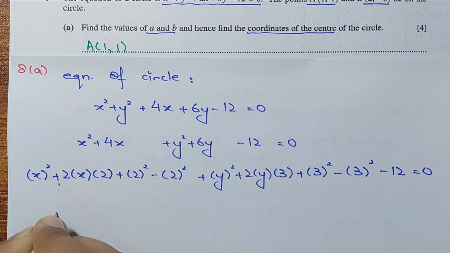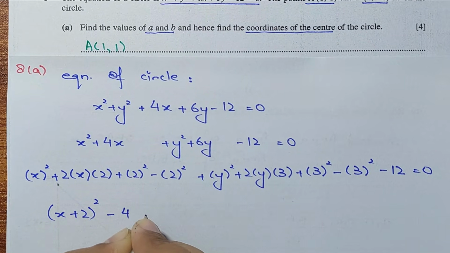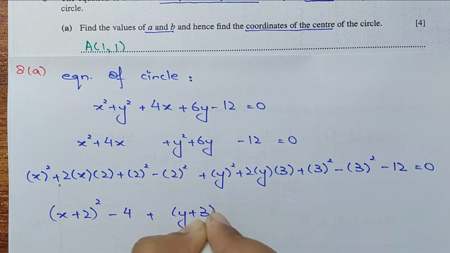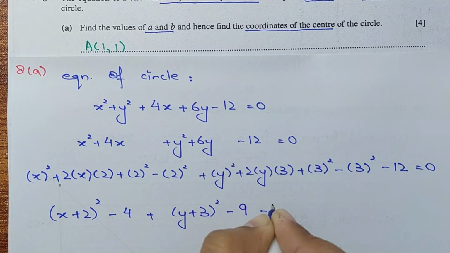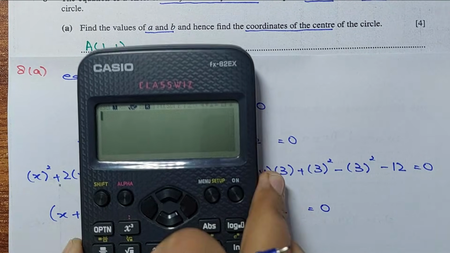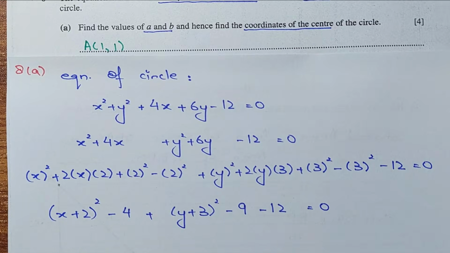Combine the first three terms. This is x plus 2 whole square and minus 4. Combine the first three terms. This is y plus 3 whole square and negative 9, negative 12 equals to 0. Minus 4, minus 9, minus 12 is negative 25.